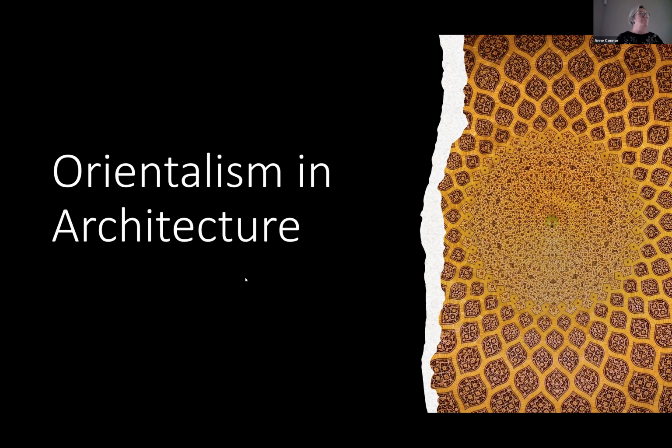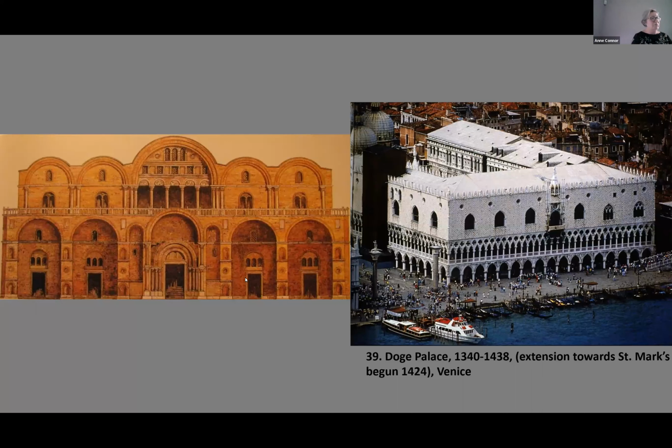Of course, going back to the 14th century, we have both. We have the Doge Palace on the right, but this is the early look of St. Mark in Venice, before it was adorned in a much more Gothic and Oriental way.